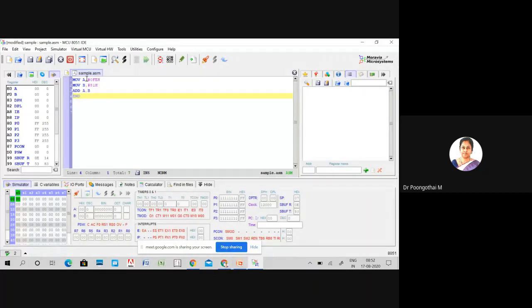First, I'm loading the accumulator with FE, that is equivalent to your minus 2.